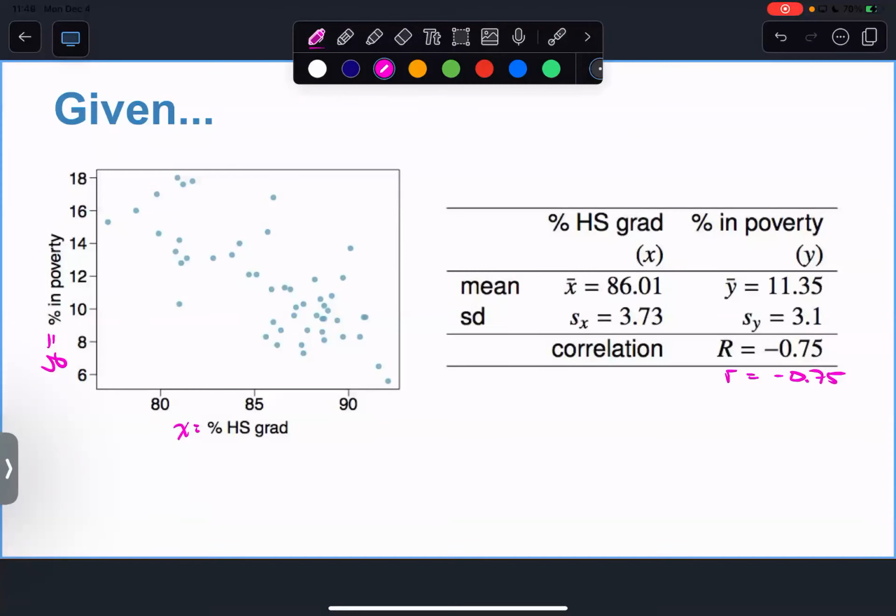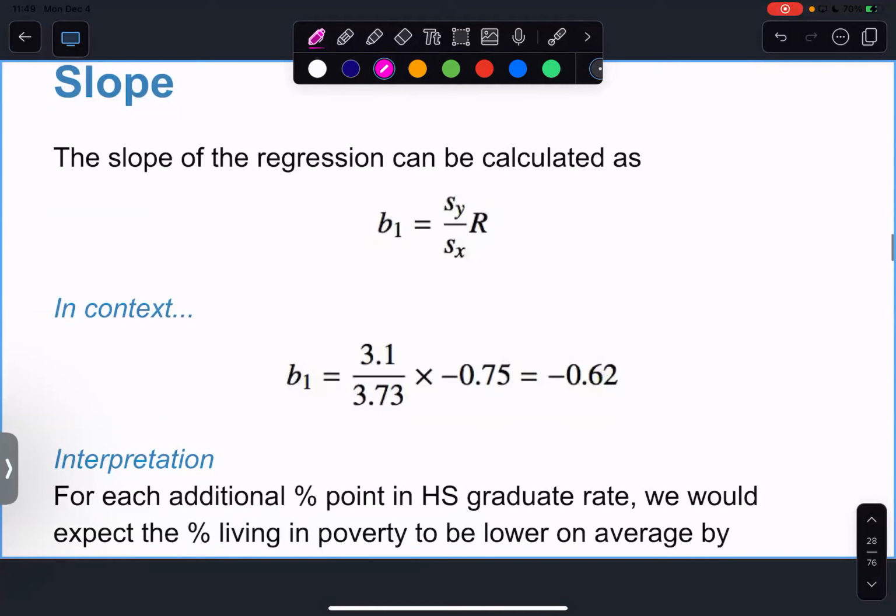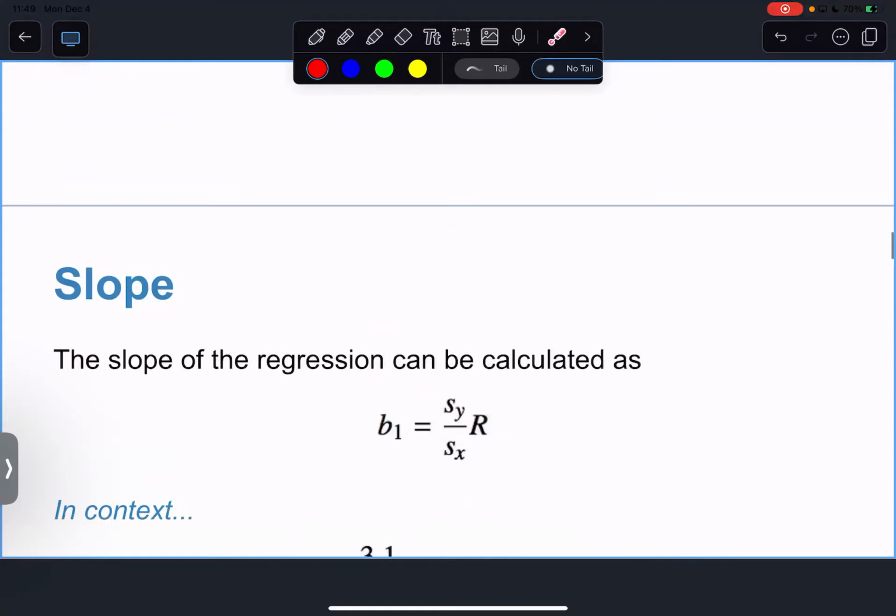Now, if I asked you to find the slope, then the slope is the standard deviation of Y divided by the standard deviation of X times the correlation. So if you have all those things, it's a simple matter of plugging things in.